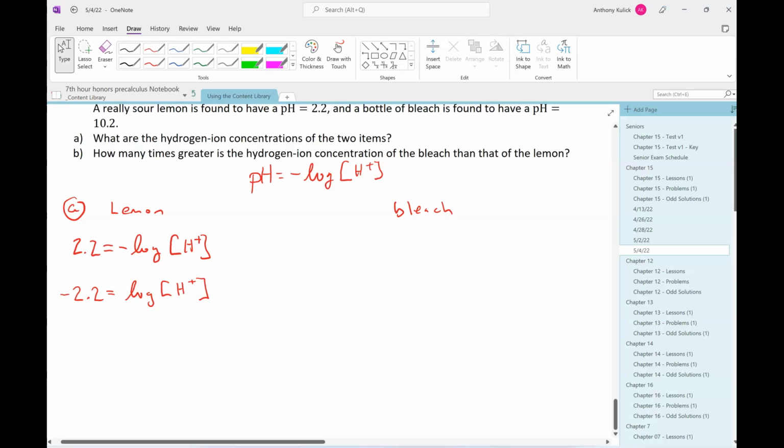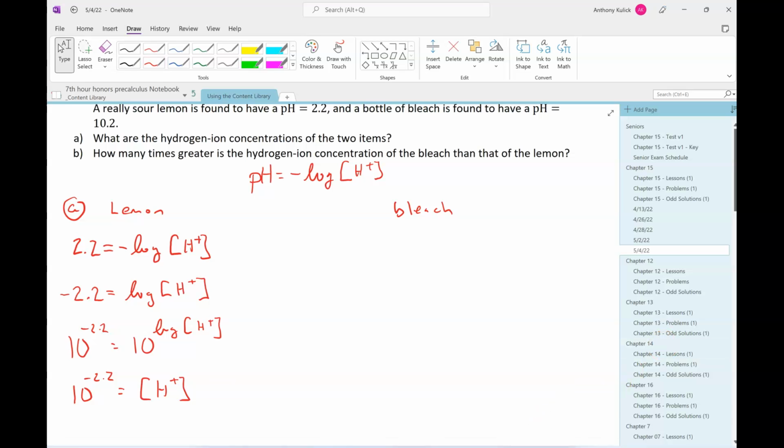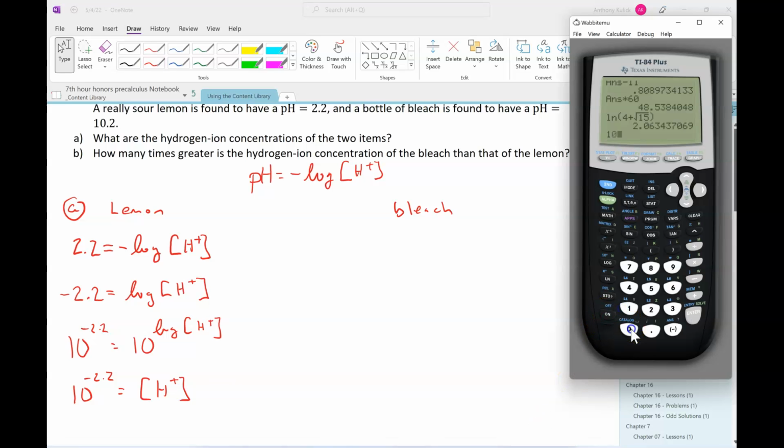And then we're going to use an exponent base to cancel the logarithm, as Elvis suggested. Which exponent base would I use in this case? 10, because it's the common log. So I'll go to my calculator and type that in.